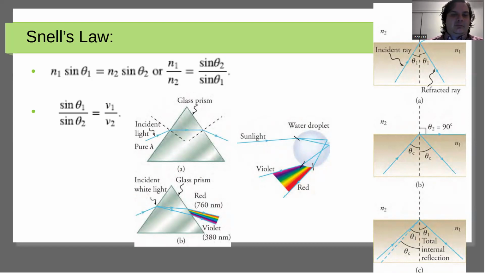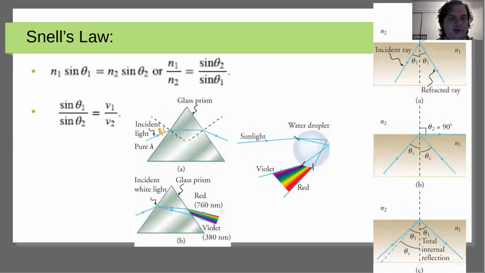And then one great way to see this is just to shine light through a prism. If you shine light through a prism, you're going to see that the incident light is going to be a ray which goes at some angle with respect to the normal, theta.